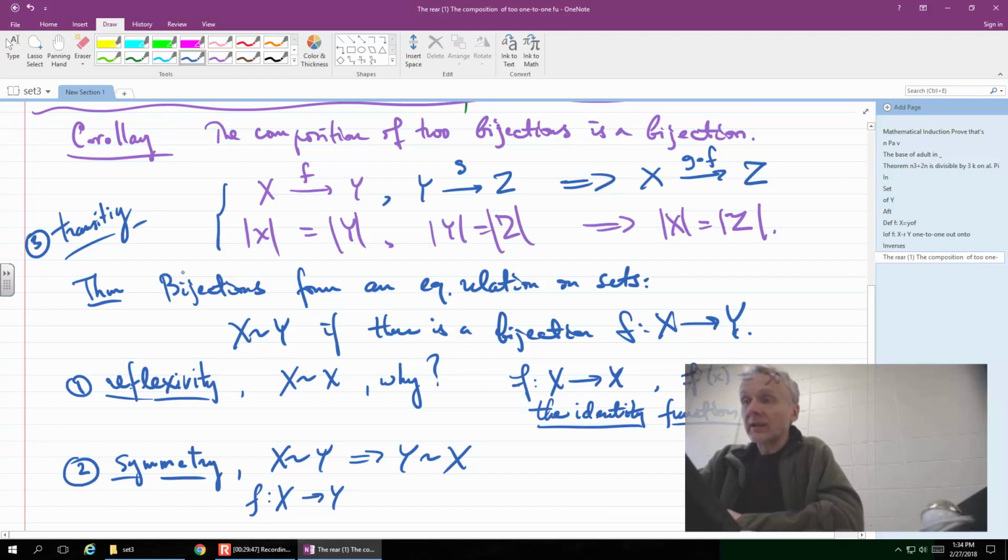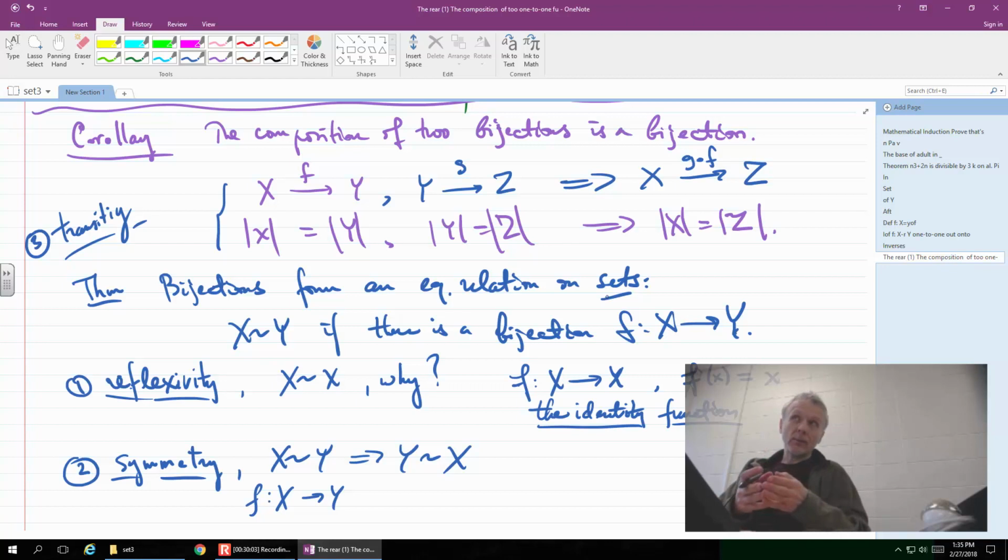So all of these are sets. F of x equals y. No. What you've got to point out, we know that there's a bijection from X to Y. You need to point out the bijection from Y to X. What is it? For Y implies X.